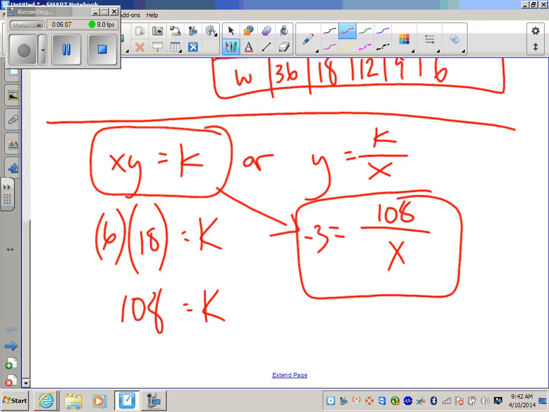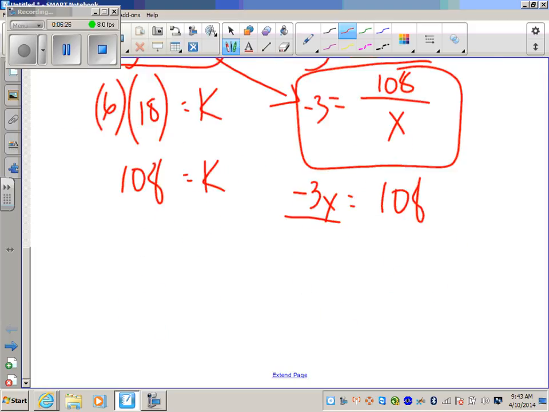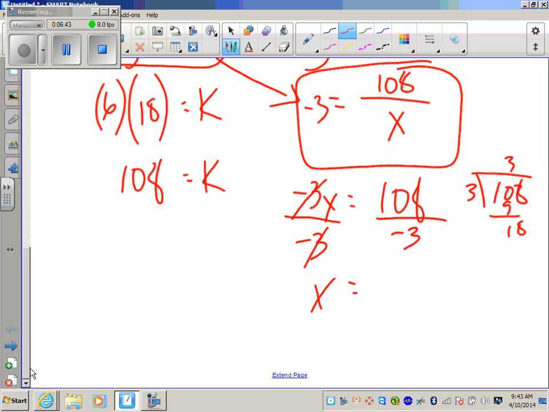Here's what we're going to try to solve. Well, what's wrong with this so far? Dividing by x. So the opposite of dividing by x, let's try to clean this up a little bit. Multiply both sides by x. So negative 3x is equal to 108. Divide both sides by negative 3. And 108 divided by negative 3 is negative 36.